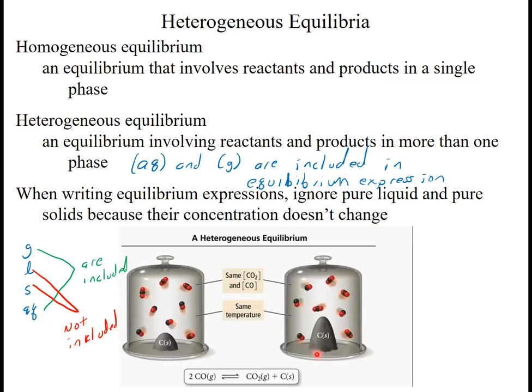There's a lot more carbon in this reaction. But if you were to count up the carbon dioxide and the carbon monoxide at the same temperature, there's the same number of molecules. So the amount of carbon does not play a part in the overall equilibrium, which is why we do not include the solids and the liquids in the equilibrium expression. Okay?